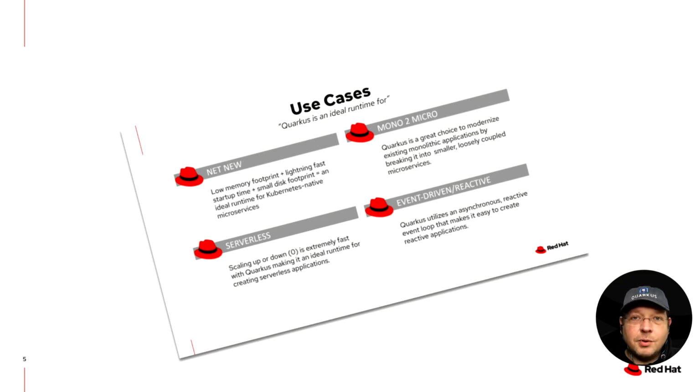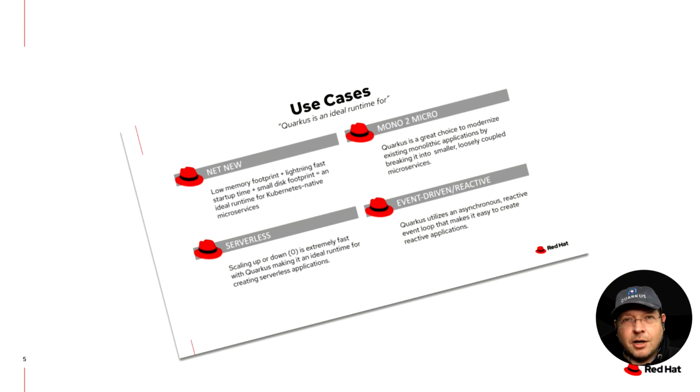And if you paid attention to the official Red Hat marketing messaging around Quarkus, you've probably come across this one. It basically lists the four biggest areas of use cases that Quarkus is supposed to work for. If you take a deeper look here, it's mostly about building net new microservice applications.